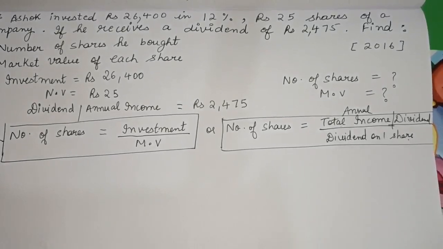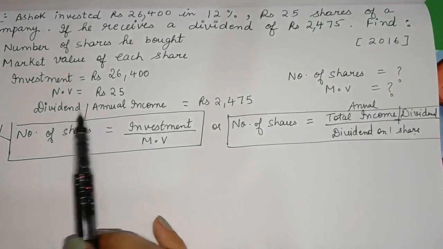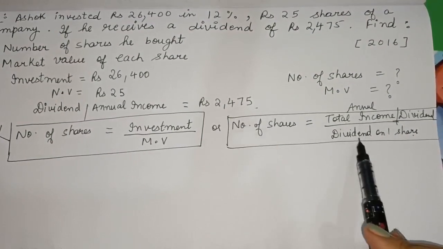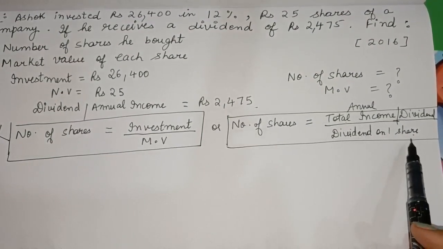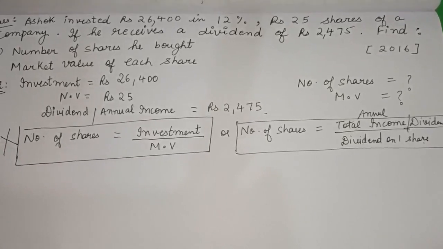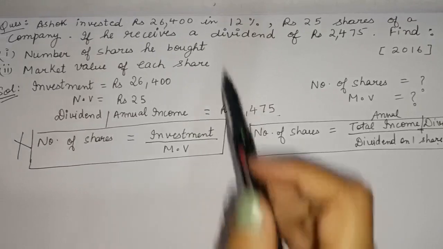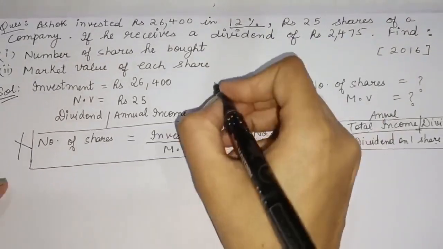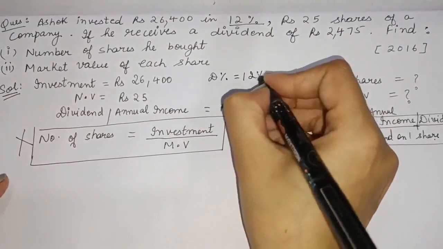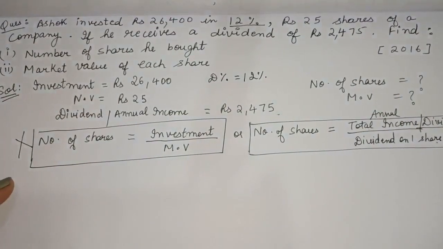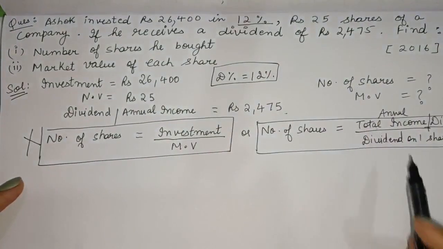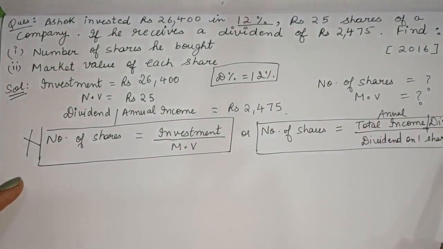See, dividend is given to us. You can see dividend is equal to 2475. Dividend on one share is not there, but can we find that term? One thing I missed here: dividend percentage is also given to us, that is 12%. So that means we can find dividend on one share.